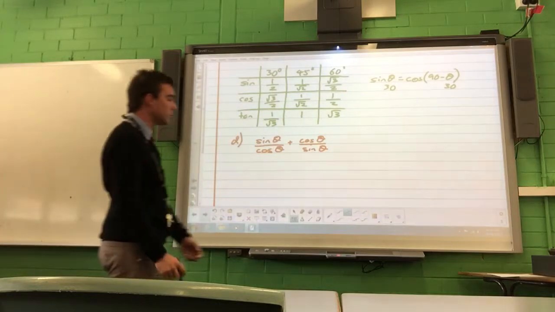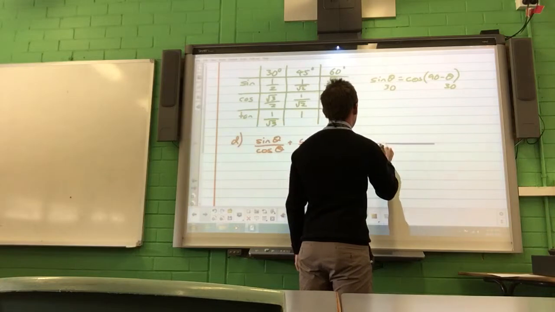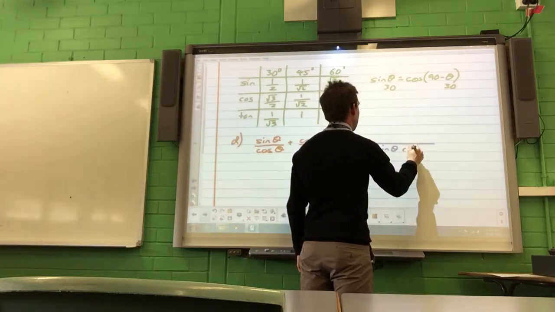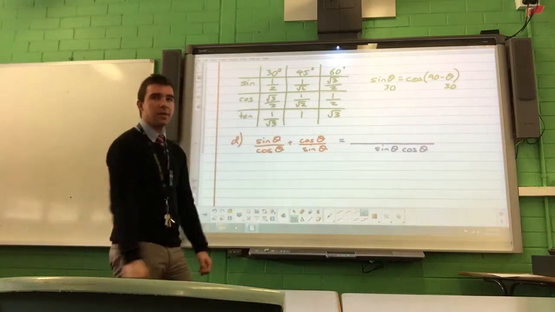Put them on the common denominator. So the common denominator is sine theta cos theta, multiplying those two values together.